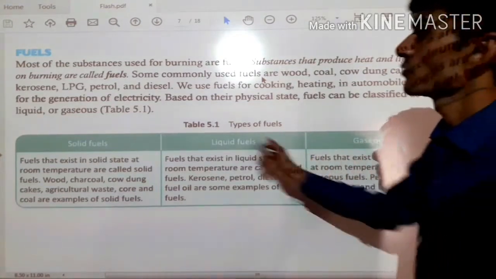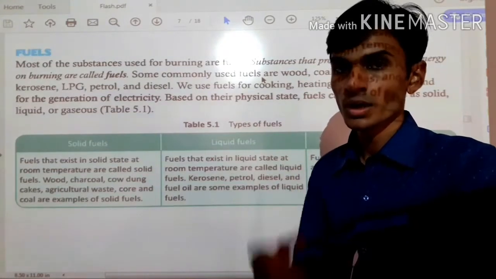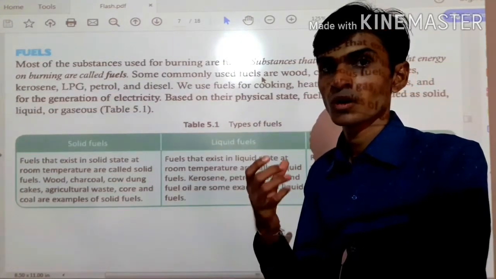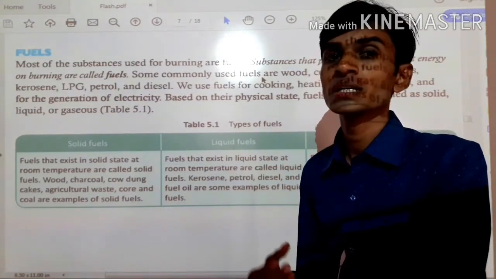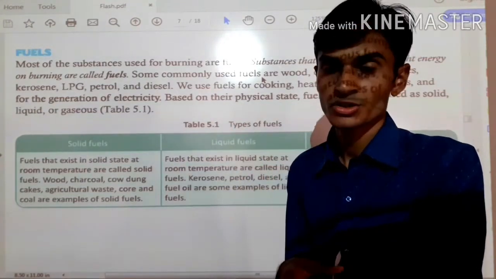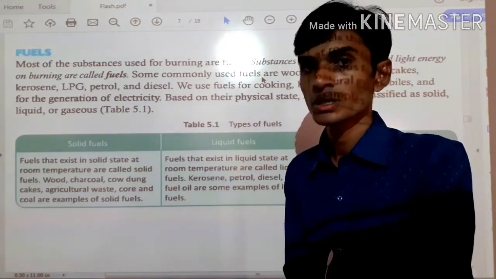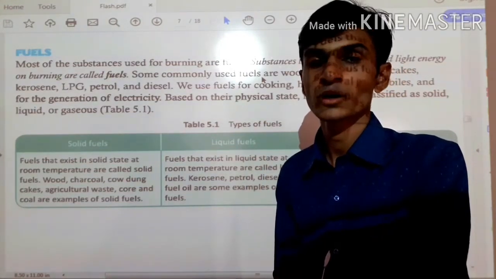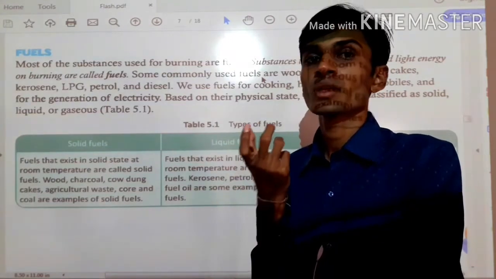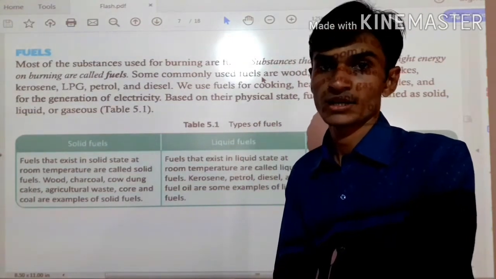And for generation of electricity, we know that whatever electricity comes to our home is generated by the power station. And in the power station, which types of fuels are useful? Coal and diesel are useful, right? Not petrol, but diesel and coal are very much useful. It is called a thermal power plant, right?